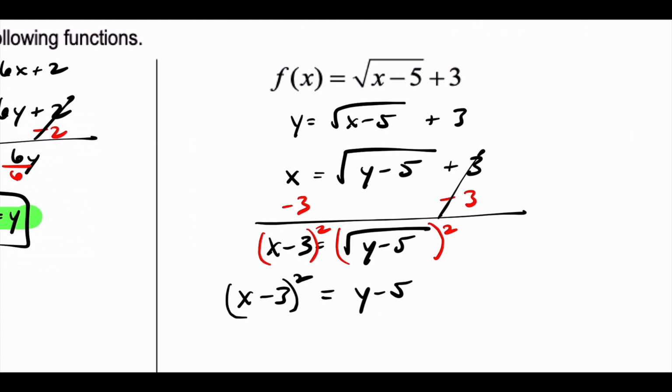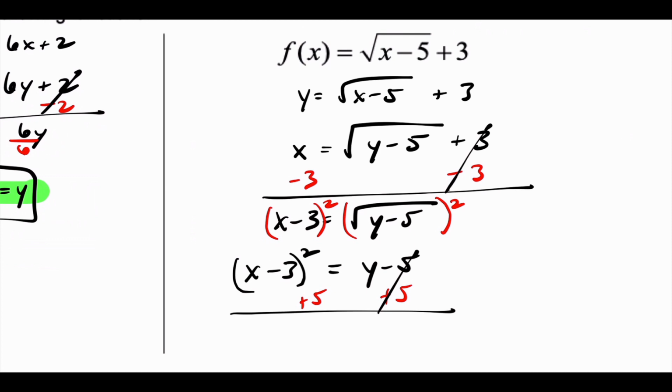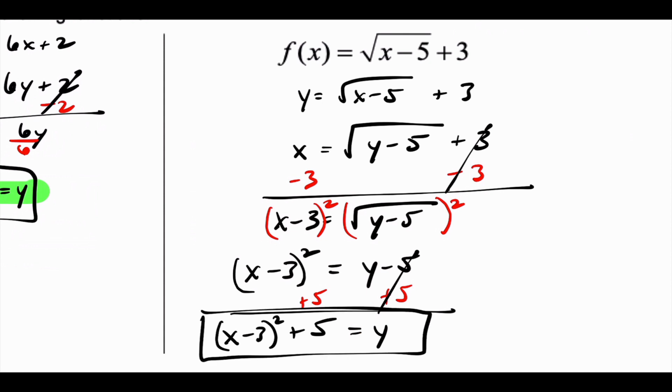Add 5 to both sides. y equals (x minus 3) squared plus 5. Okay. That's how you find an inverse.